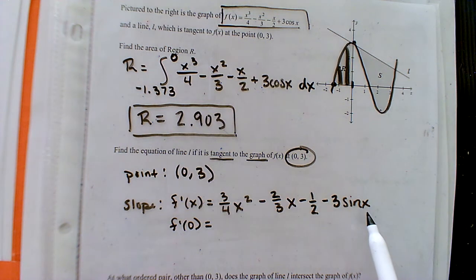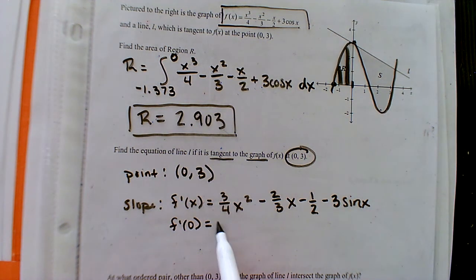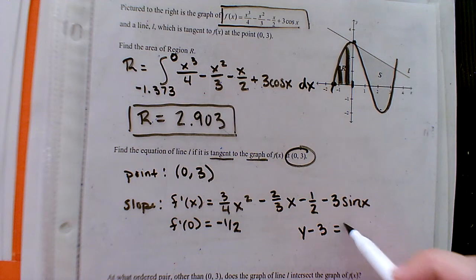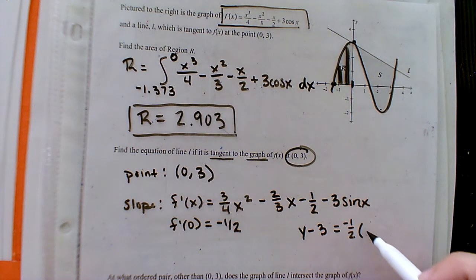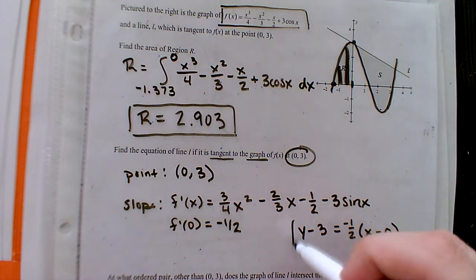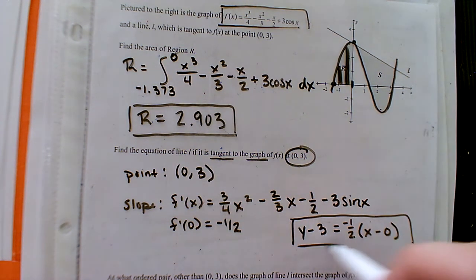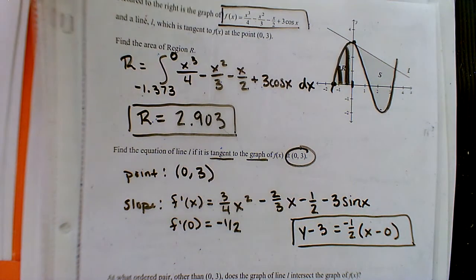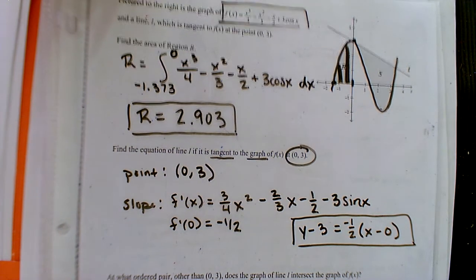Sine of 0 is 0, so we're only left with negative 1/2. Let's go ahead and write our equation. y minus 3 equals negative 1/2 times (x minus 0). So far, so good? Equation of a tangent line, we've been doing that all year.